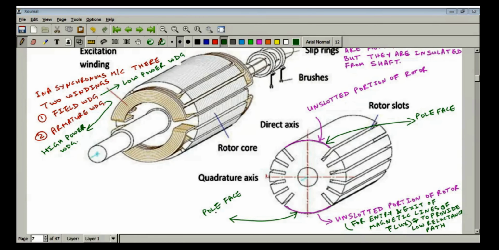Now, damper bars are usually embedded in the pole phases.